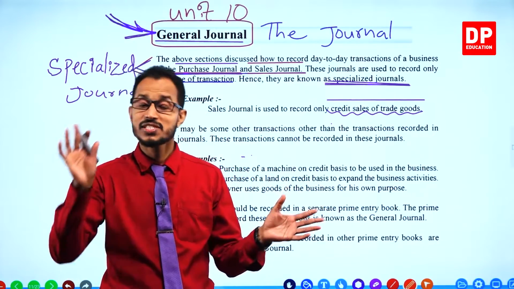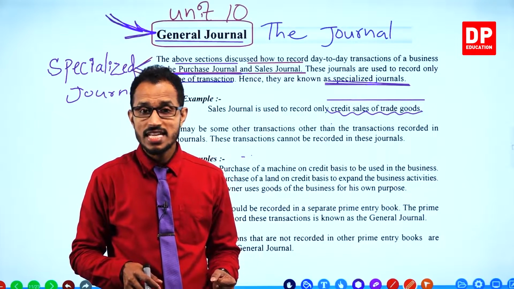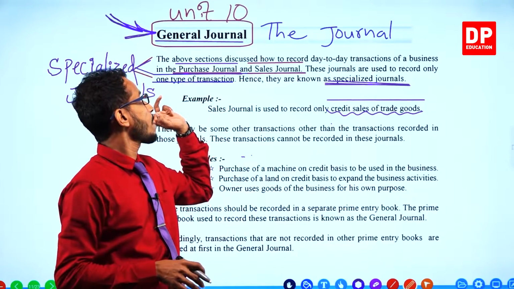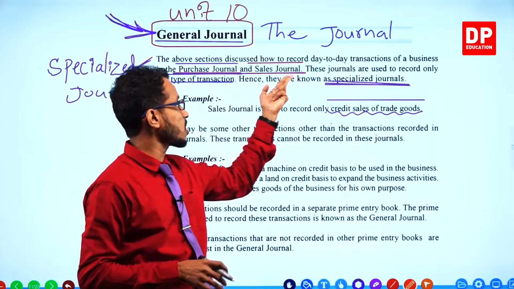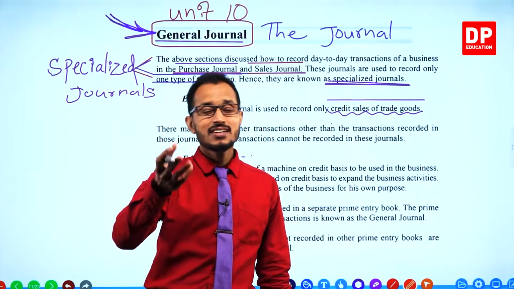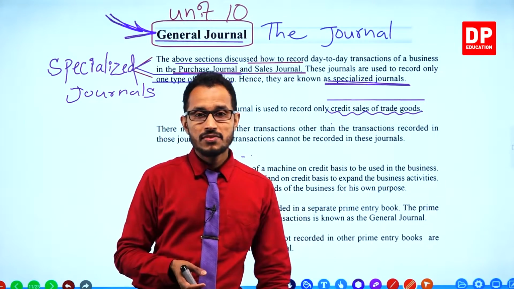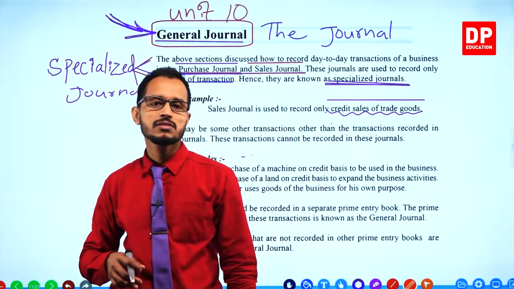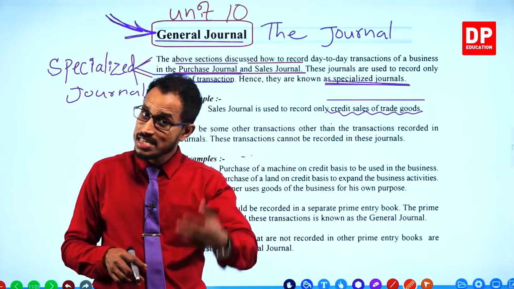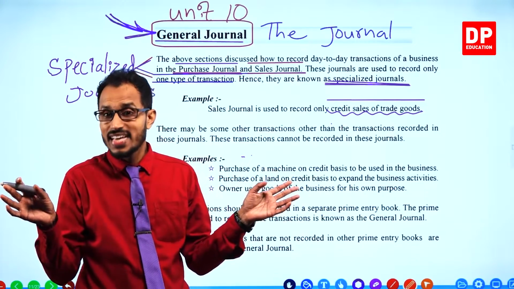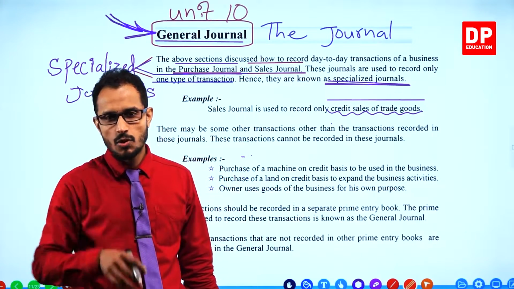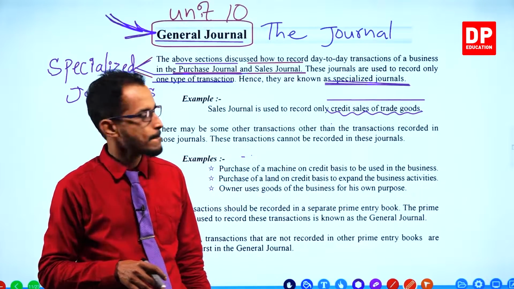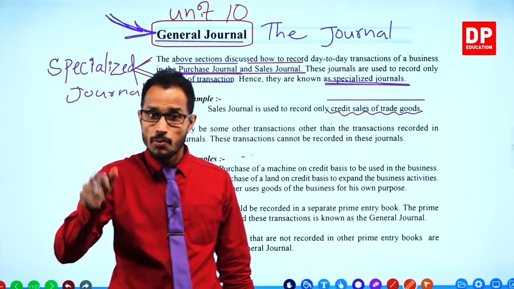All transactions which cannot be recorded in other journals like the purchases journal and sales journal. There is another prime entry book called purchase returns journal, sales returns journal. We don't get these in your syllabus, not in your O-level days. But there are many other books.